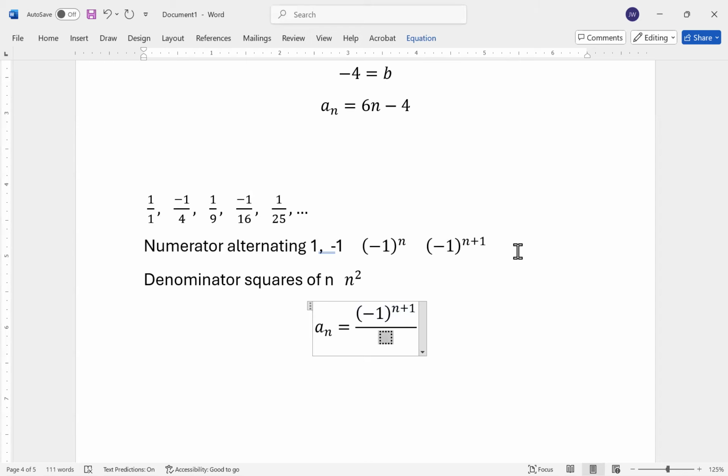And then in the denominator, that's just n squared. So that is the function expression that gives me all of the terms in this sequence.